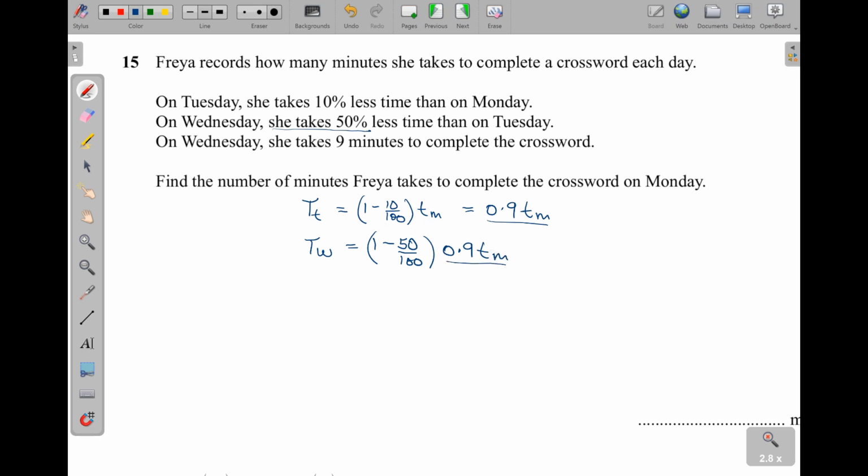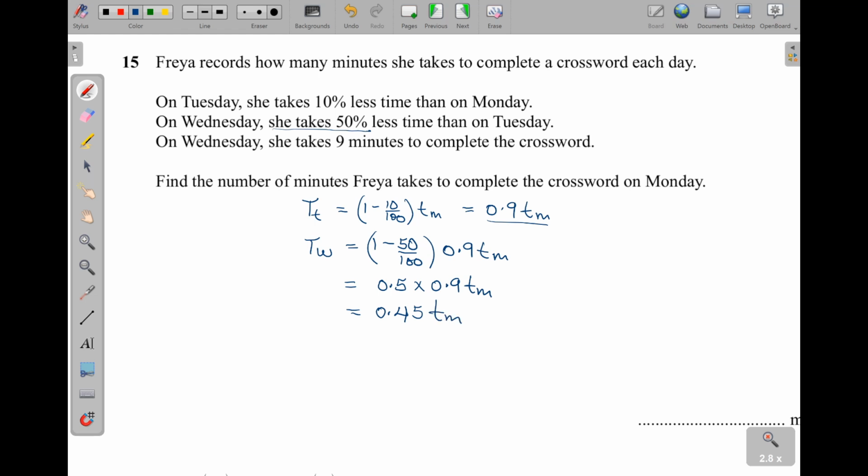The whole of this is the time on Tuesday. So the time on Wednesday is 1 minus 0.5, which is 0.5, times 0.9 TM. This is like half of 0.9, which is 0.45 times the time on Monday.